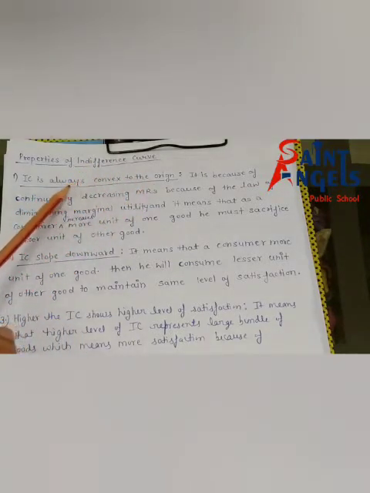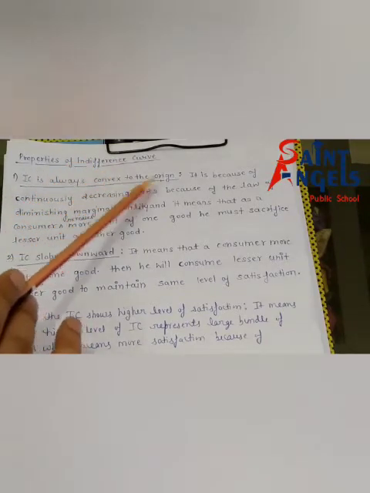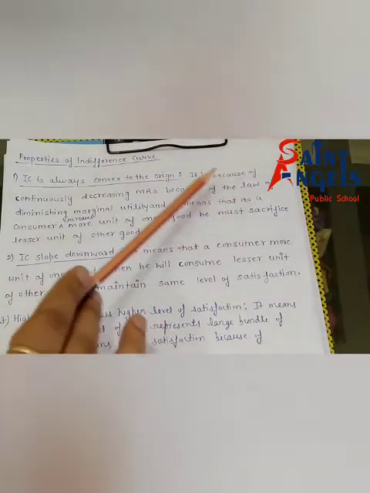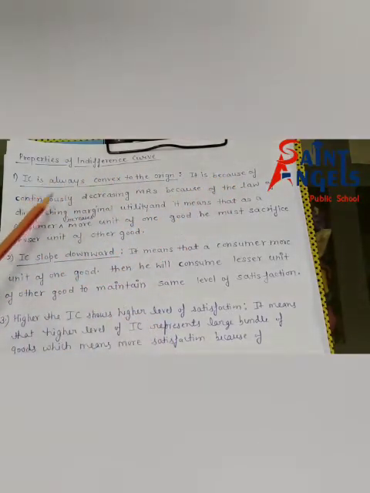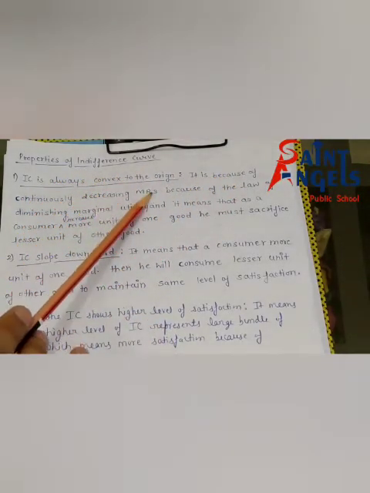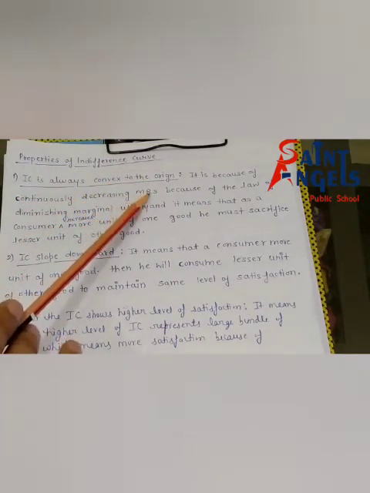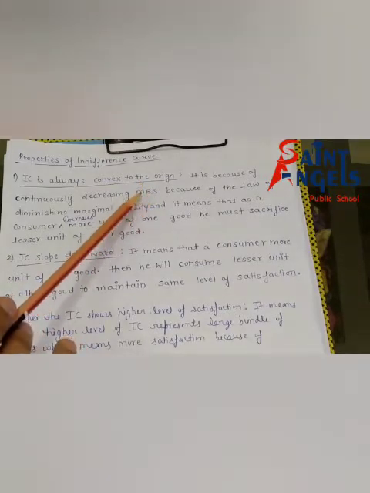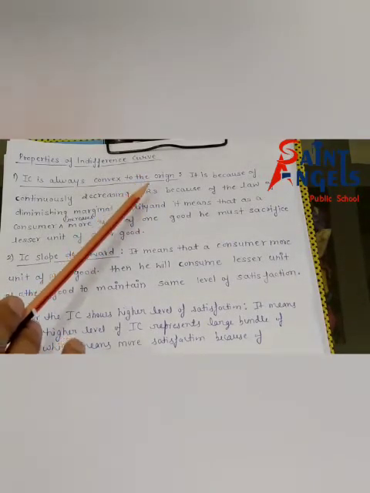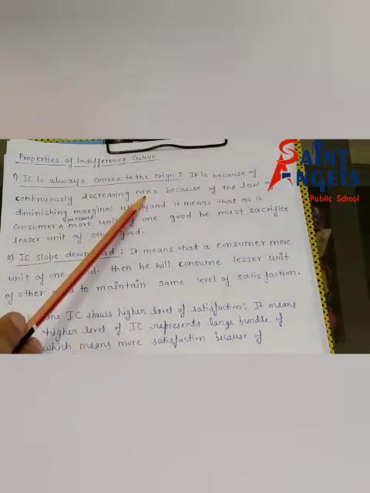Why is IC convex to the origin? It is because of continuously decreasing MRS. You know that MRS means the slope of the indifference curve.